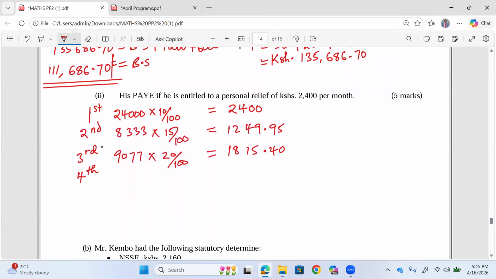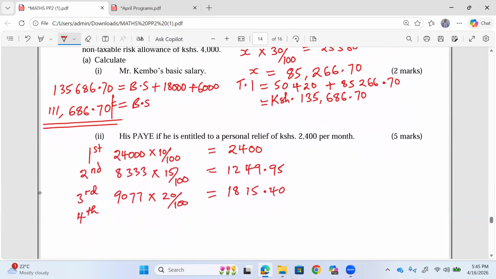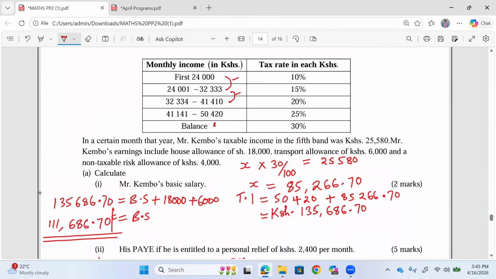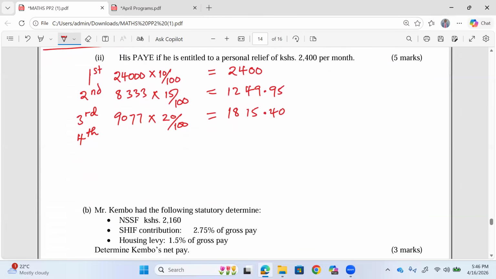What about in the fourth bracket? We have this limit and we subtract the previous. So 50,420, we subtract 41,410, and we're getting 9,010 at the rate of 25%.